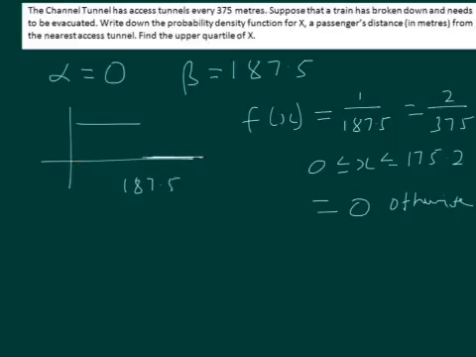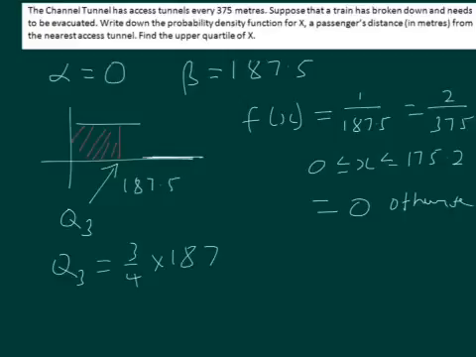Now the upper quartile of x is going to be given by the point here, where this area here is 0.75. So we need to find this point here, which is Q3. And clearly Q3 is 3/4 of 187.5, which works out to be 141 to 3 significant figures.